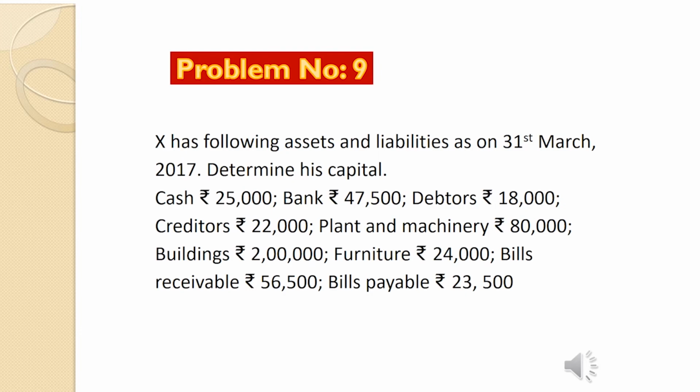You have to add all the assets. What are the liabilities we have? Creditors 22,000, bills payable 23,500. So we add the liabilities, 22,000 plus 23,500, that is 45,500. The difference between assets and liabilities is called the amount of capital.